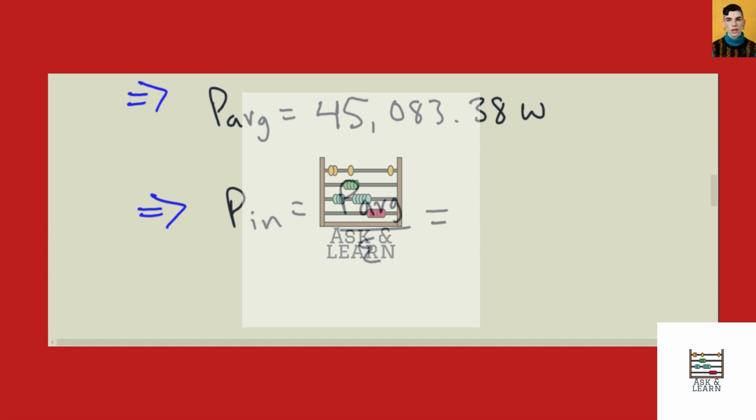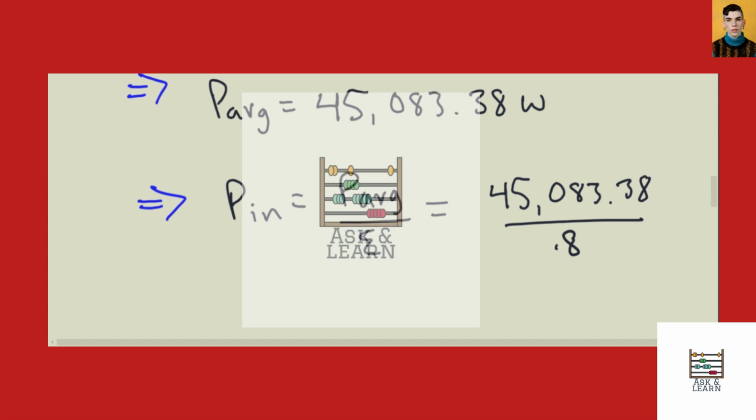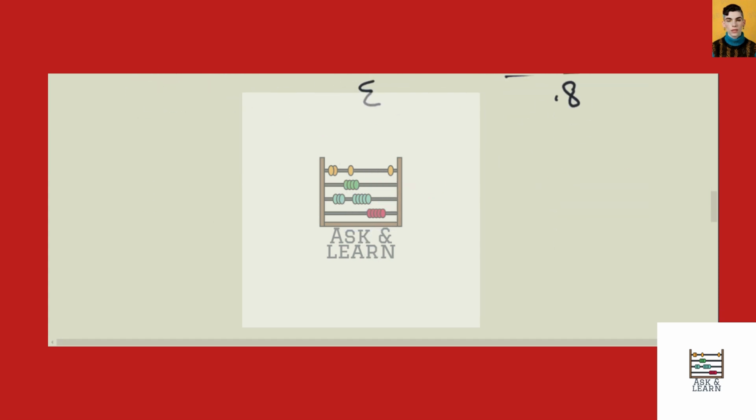So we plug in our numbers: 45,083.38 divided by the efficiency, 0.8. So the average power that the engine supplies, P in average, is equal to 56.35 kilowatts.